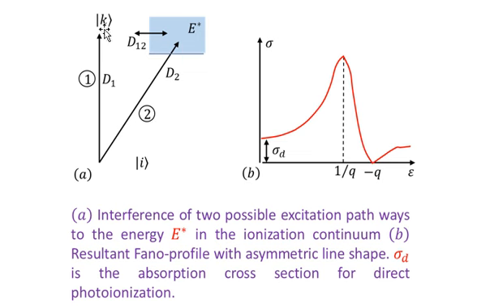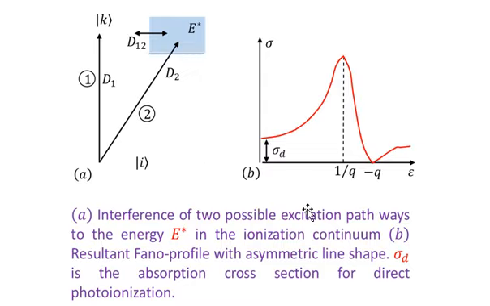And you know that the K state can decay to the E star state through autoionization. And D1, D2 and D12, I shall be explaining them in a minute. That is, what is D1, what is D2, and what is D12.